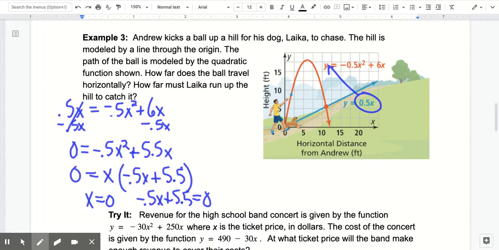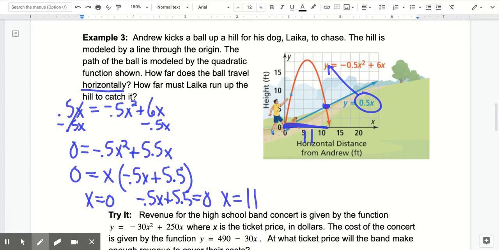We subtract 5.5 from both sides and then divide, and we find out that x equals, I can grab my calculator, 11. So that means they intersect here at x equals 0, which obviously is where they started, and then over here where x equals 11. And that's all we have to find, because remember it was asking how far does the ball travel horizontally? Well, right there. That's it, 11.